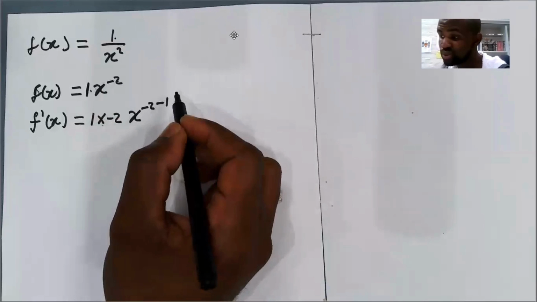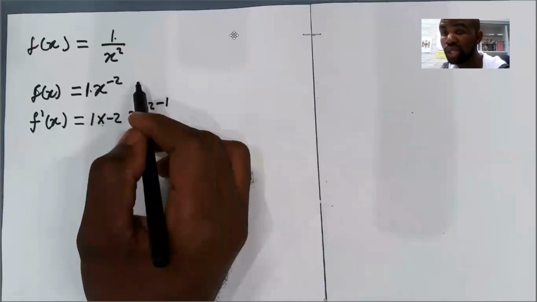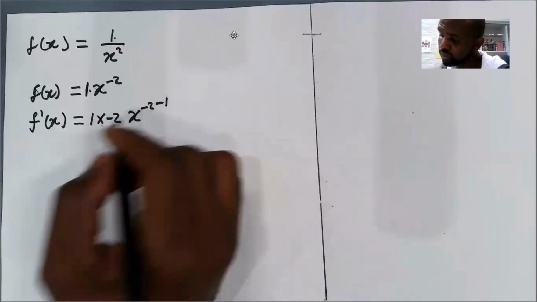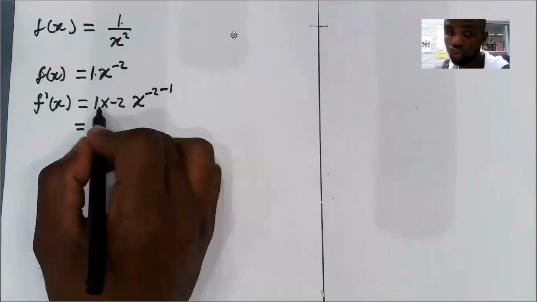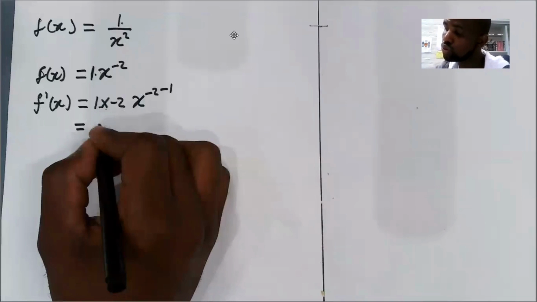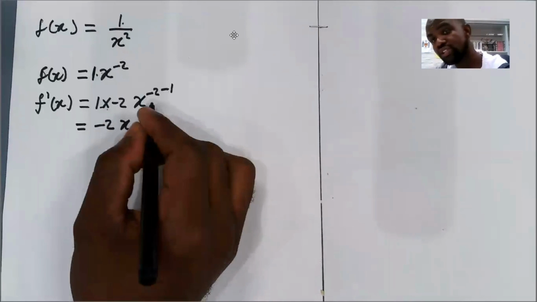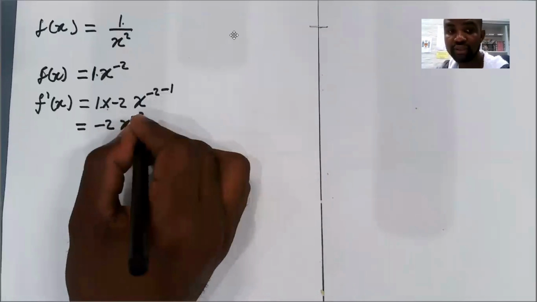Whatever the case, the exponent is either positive or negative, we always minus 1. Simplify. 1 times negative 2 is just going to be negative 2 into x, then negative 2 minus 1, we're going to get our answer as negative 3.